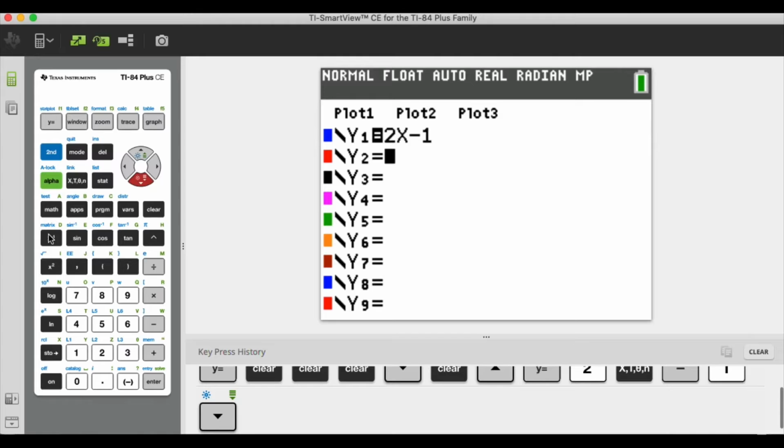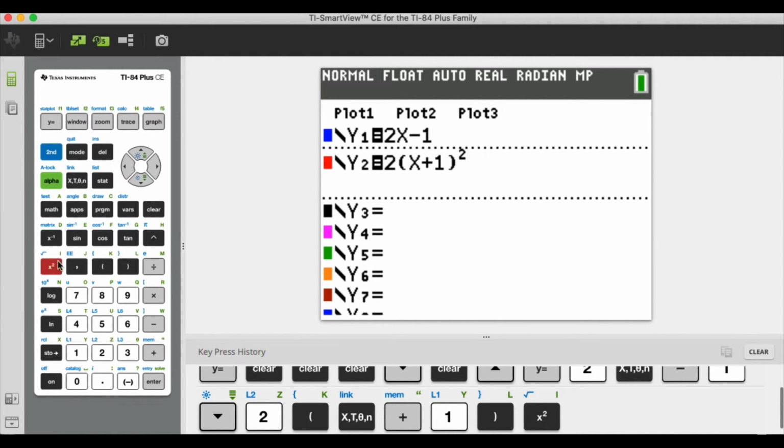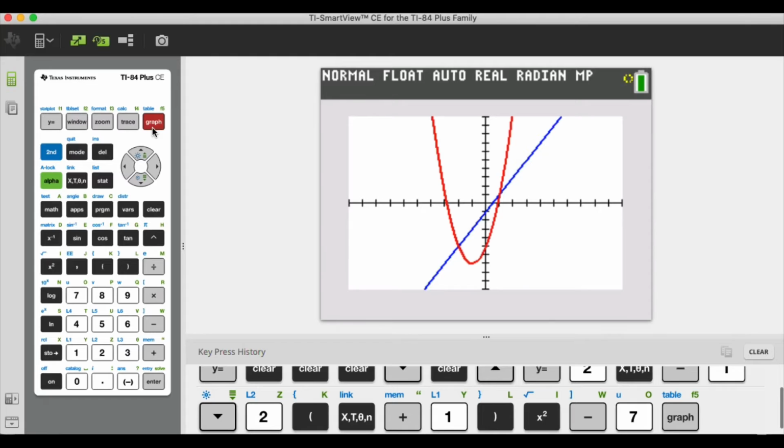My second equation is 2 parenthesis x plus 1 close parenthesis squared right here, and then minus 7. I graph it. There's my two equations.